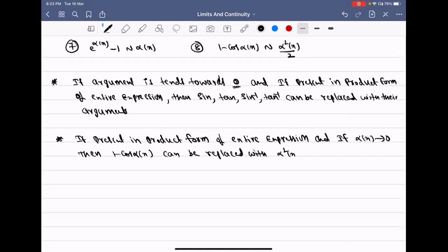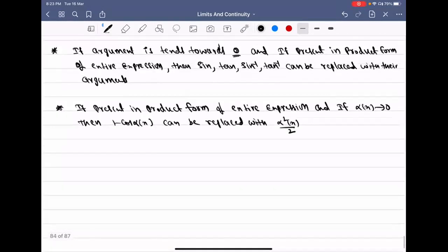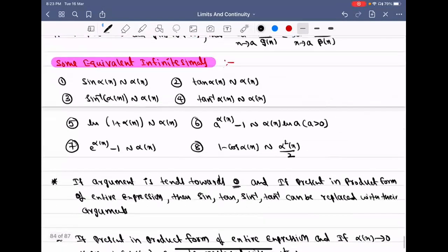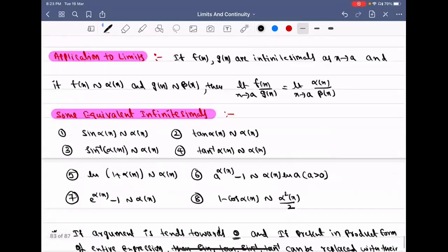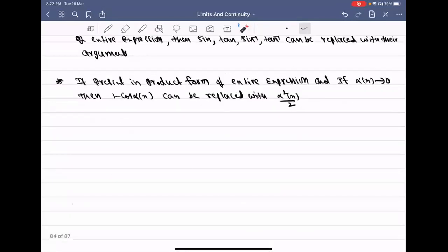Alpha square x by 2. Yes or no? Because the equivalent infinitesimal of 1 minus cos alpha x is alpha square x by 2. Yes, sir. If alpha x tends to 0 and it is in product form, then you can replace this with alpha square x by 2.